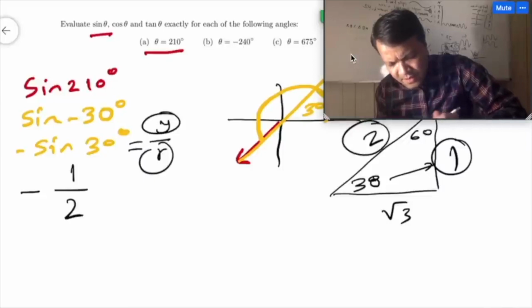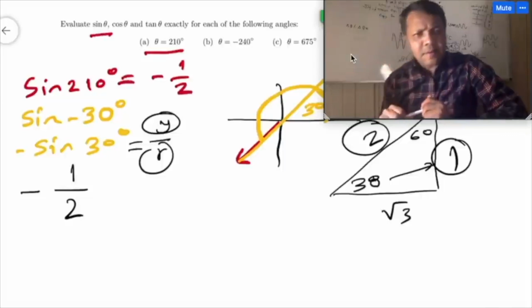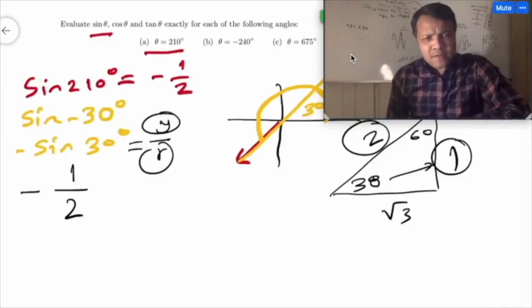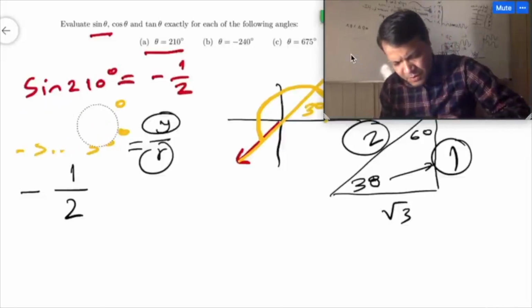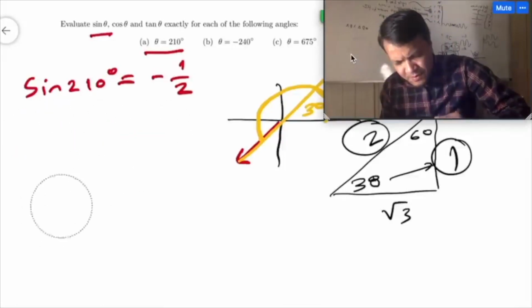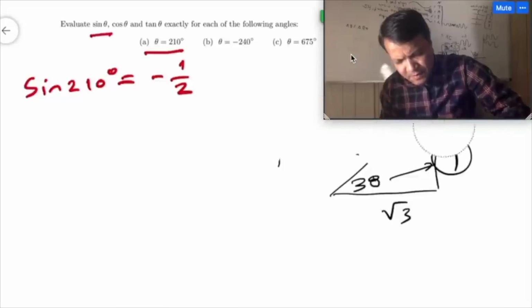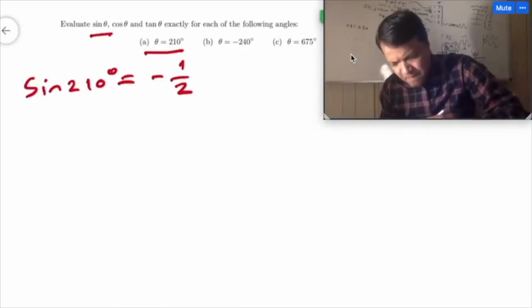So sine 30 degrees is negative 1/2. That means sine 210 degrees is negative 1/2. Okay, that's the first problem. This is A.